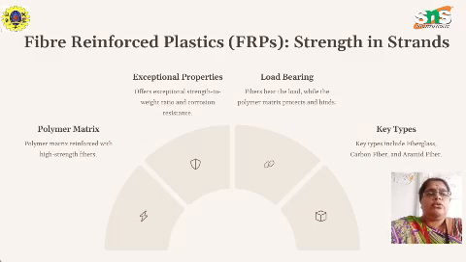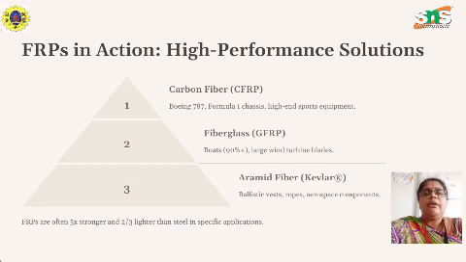The key types include fiberglass, carbon fiber, and aramid fiber. These are the different types of FRPs in the most important uses. In action, they are high performance solutions. FRP is 5 times stronger and 2 to 3 times lighter than steel in specific applications, so they are preferred over steel.